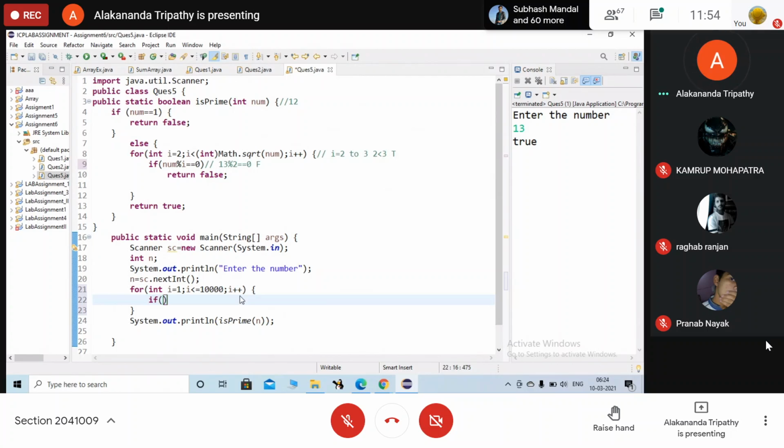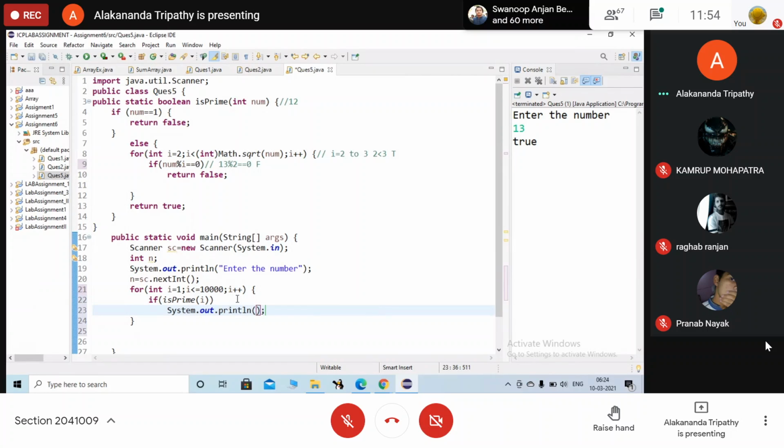If isPrime(i), तो प्रिंट क्या होगा? अगर ट्रू होगा तो प्रिंट क्या करोगे?